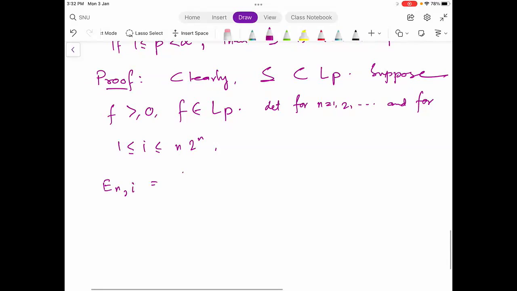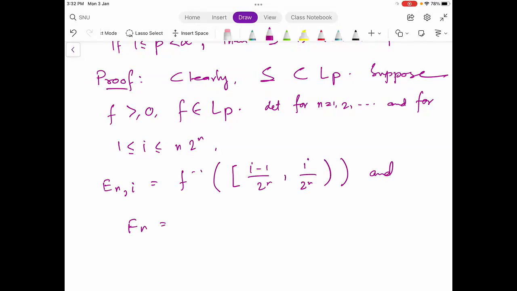E_{n,i} is f inverse, and f_n is equal to this. And maybe while we are at it, we write down the function s_n as well.